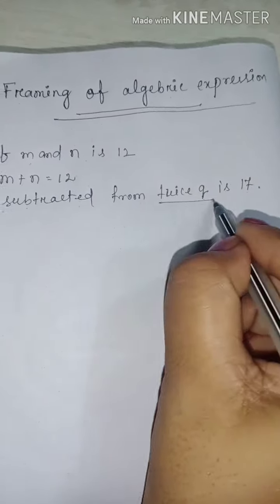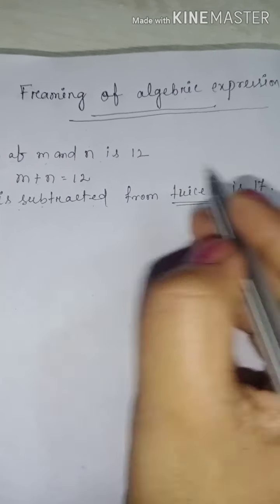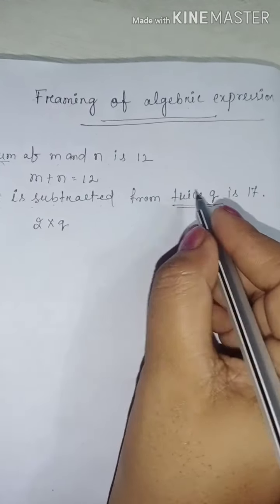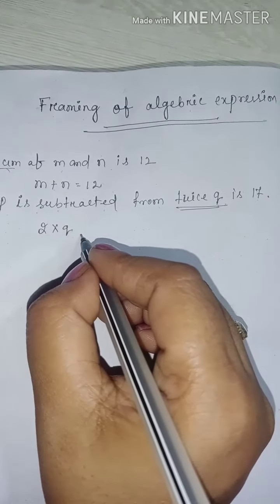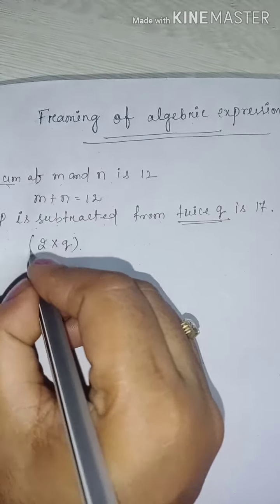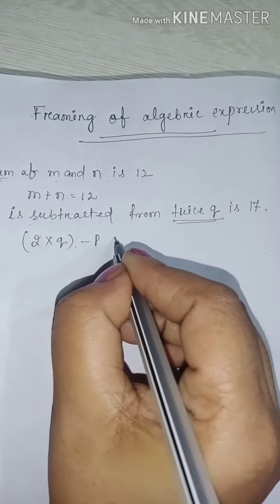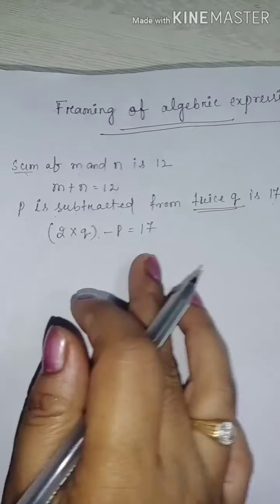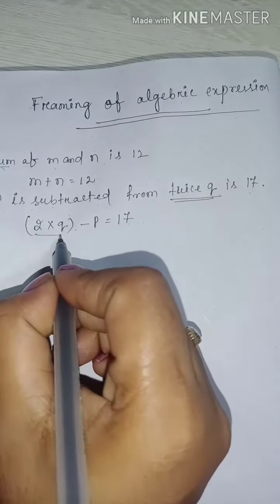What does this mean? Twice q means 2 into q, from which p is subtracted. Twice of q from which p is subtracted is 17, means equal to 17. Question is this.